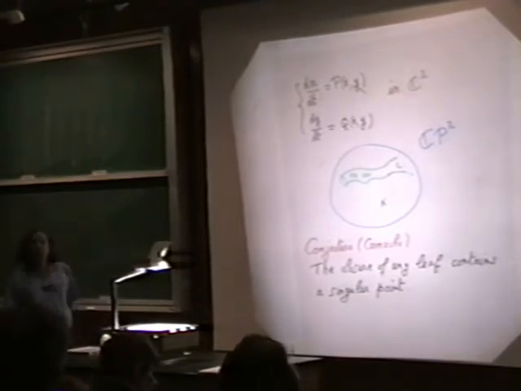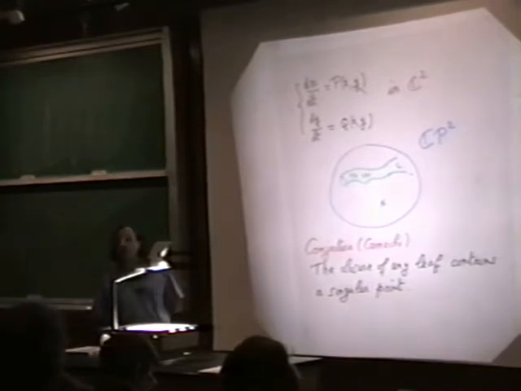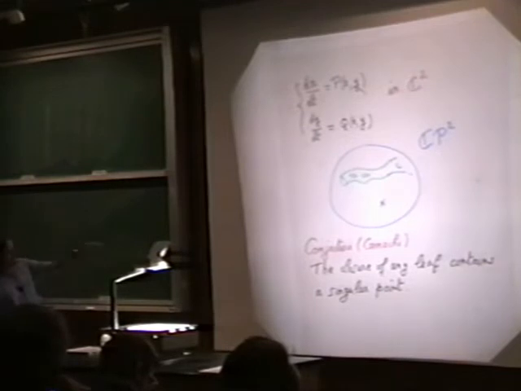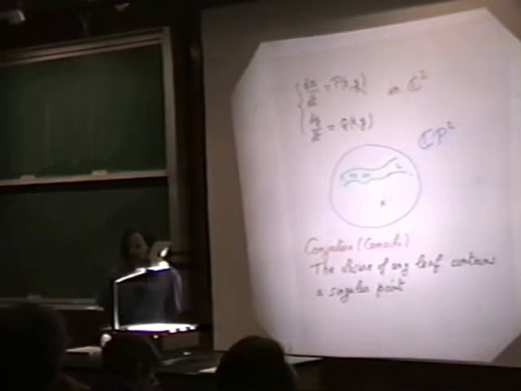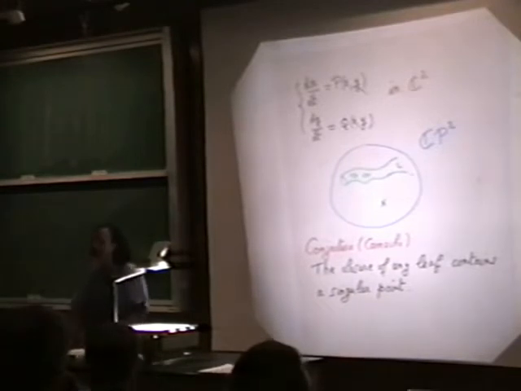you have a very nice object in CP2, complex projective plane of dimension 2, with some singular points corresponding to the common zeros of P and Q, and many regular points with Riemann surfaces going through them. And the conjecture of Camacho is that something like the Poincaré-Bendixson theorem should be true.